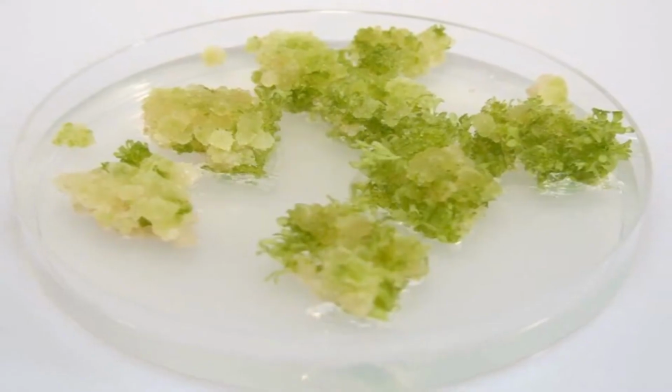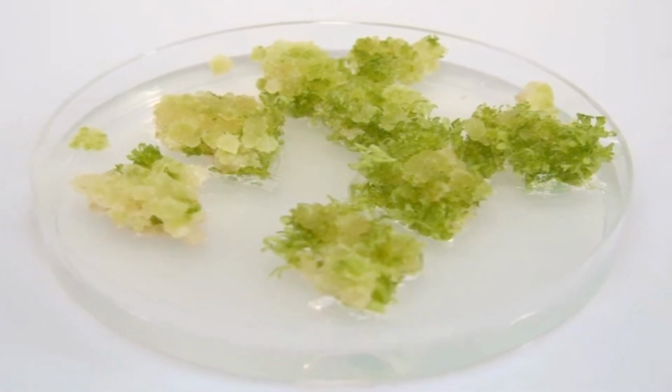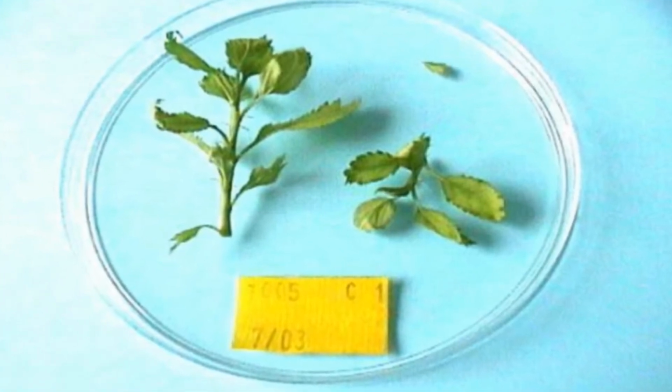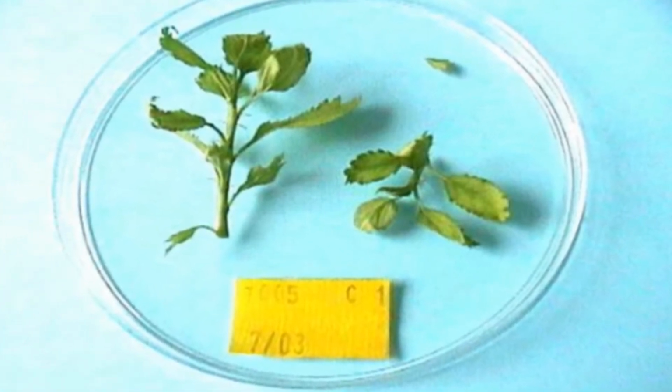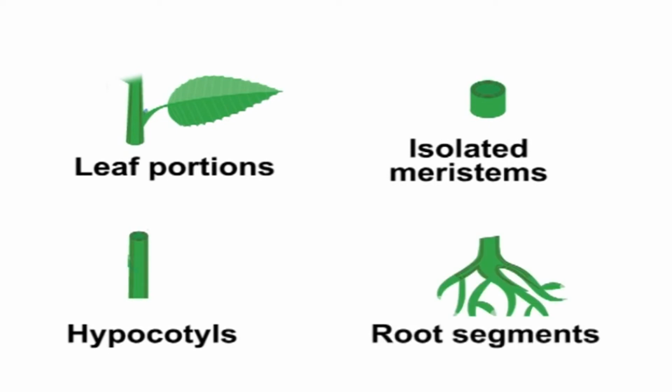Depending on the particular species employed and the kind of response that is desired, almost every part of a plant can be used as starting material, which is called an explant. Explants like leaf portions, isolated meristems, hypocotyls and root segments are frequently used among others.